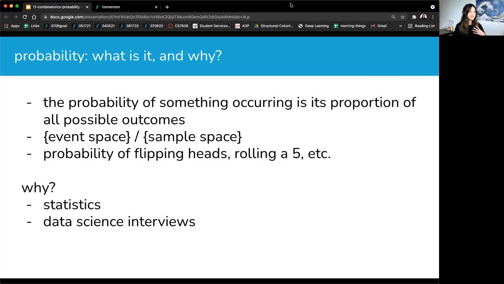Why is this important? Statistics is built on probability. And in terms of data science application, once in a while you will get probability questions. I will say this is more the case if you're going for quantitative roles, where you're expected to do more algorithm stuff, which we'll get into next phase.